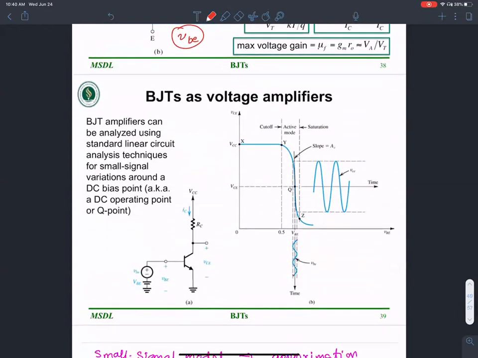And that is shown here, that VBE is really small, so as not to change the operating point much. Okay, when we keep the VBE small, the resultant output voltage is going to have a gain. There is going to be a gain in that guy. Okay?